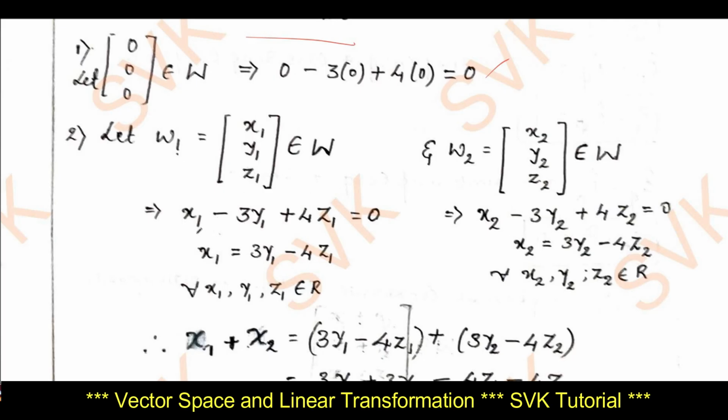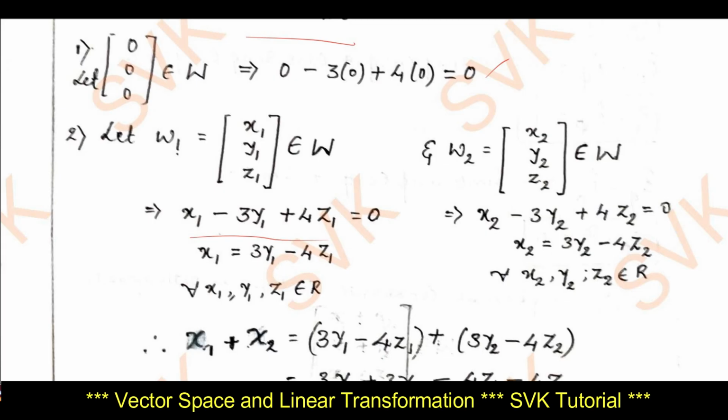Then according to the definition, W1 is defined like this: x1 - 3y1 + 4z1 = 0. Then I will solve for x1: x1 = 3y1 - 4z1. Similarly, I will solve for W2. I got x2 = 3y2 - 4z2.